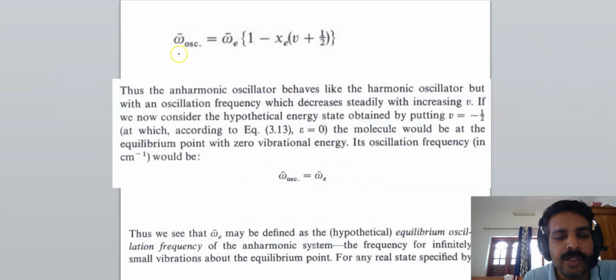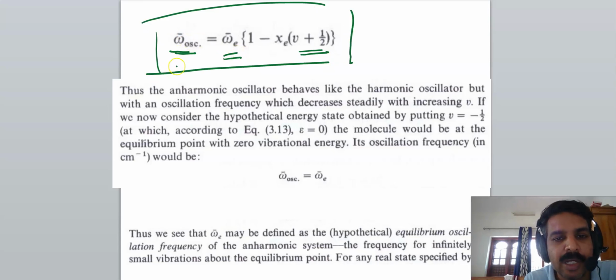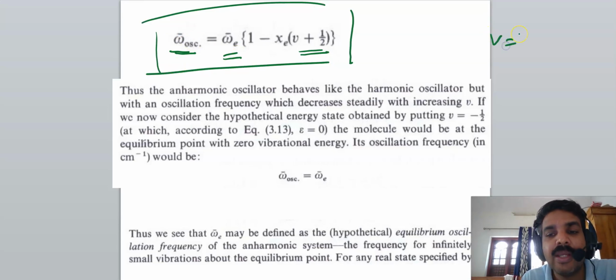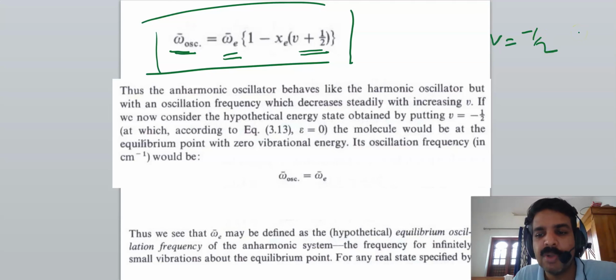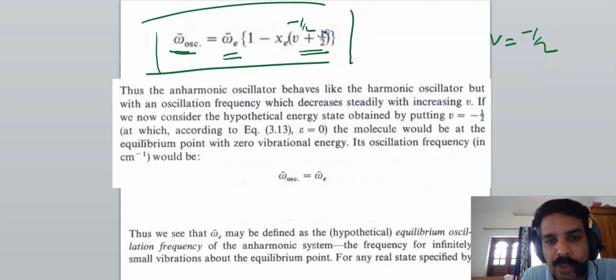Suppose we assume an imaginary level in which v is equal to minus half. That is not possible, but if we assume it, then this bracket term becomes 0. In that case, omega bar oscillation is equal to omega bar e.